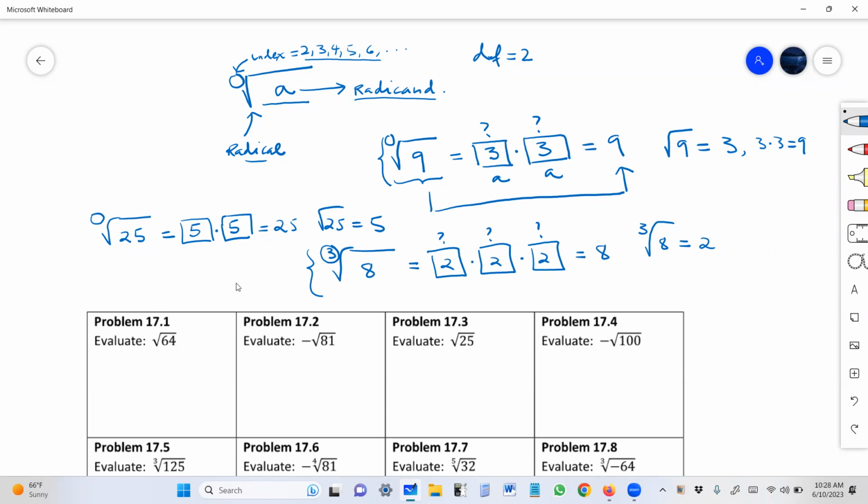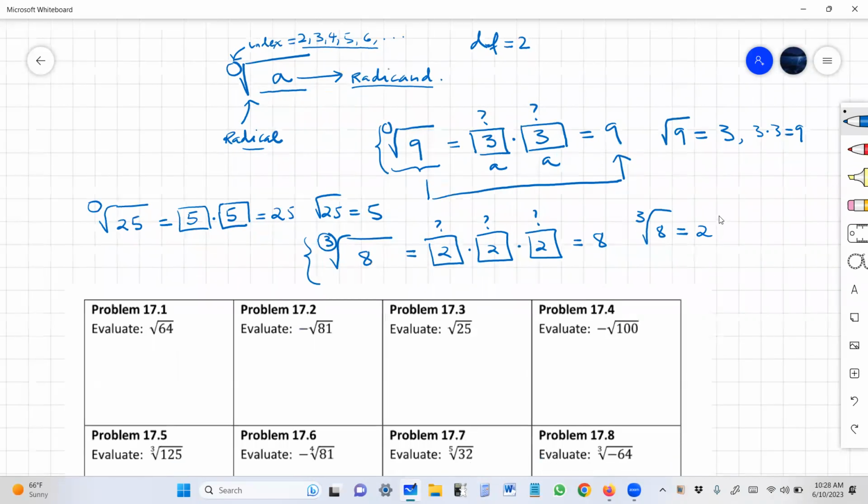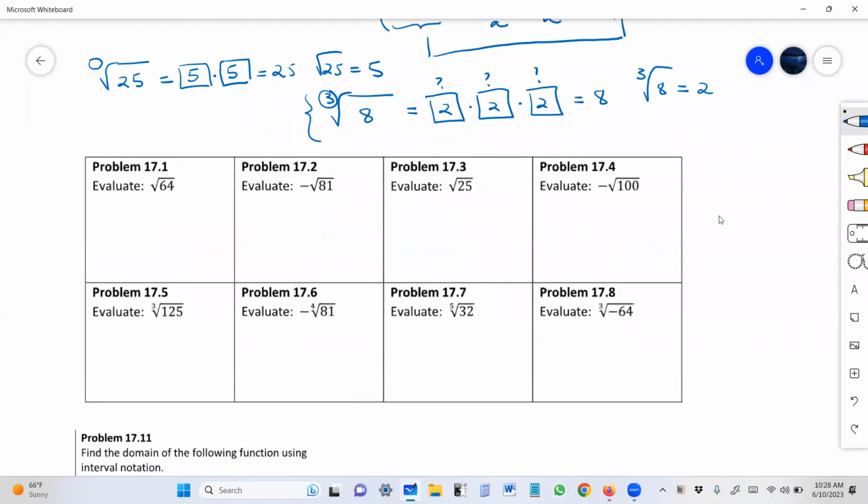So let's take a look at the examples we have here. We won't do all of them, but we can do some. Make sure you understand the procedure. Some of these are very easy. I already did square root of 25. Let's take a look at square root of 64. I know it's a square root because there is no number right here.